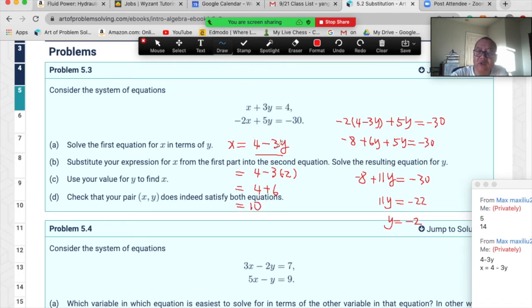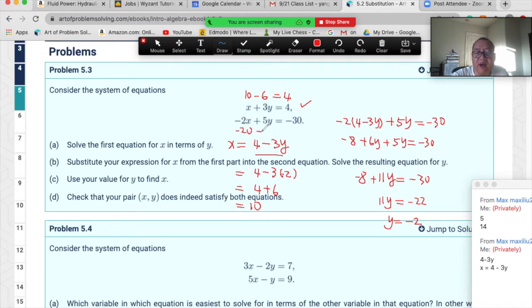Then you need to go back and check if the solution we found is correct. x equals 10, y equals -2, so that's -6. This equals 4. So that means the first equation is correct. Now let's see the second one. x equals 10, so this is -20.